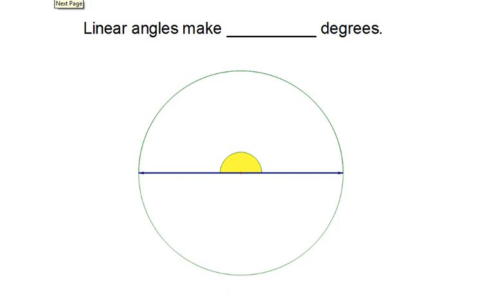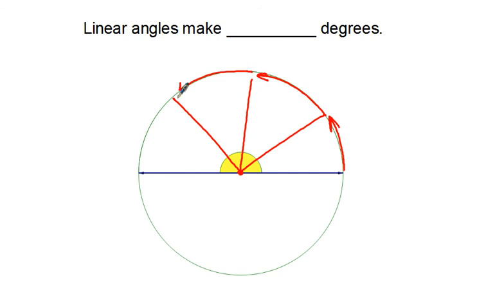If you have several angles, 2 or 3 or 4 or 5, and you add these up, if the angles are really on a line, then they should make a half rotation altogether. So that tells us that linear angles make 180 degrees. And that's important to know for the work that we're going to do here.